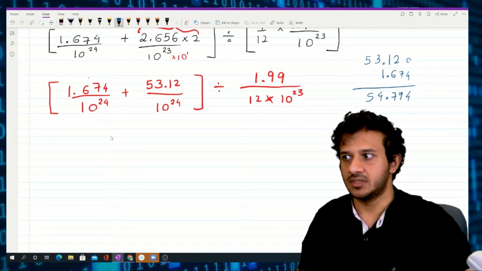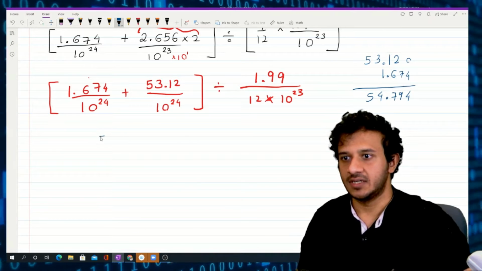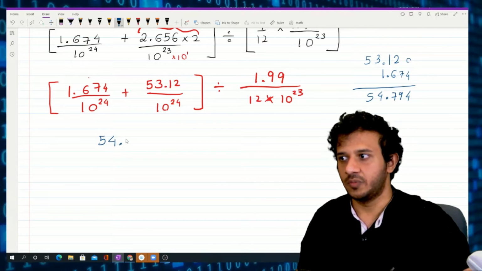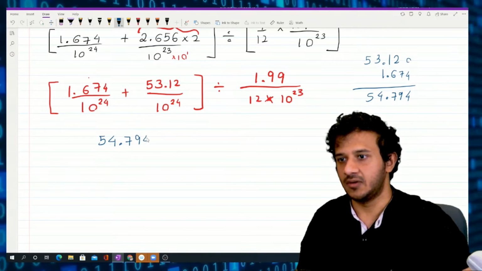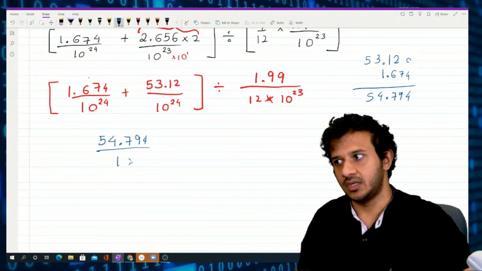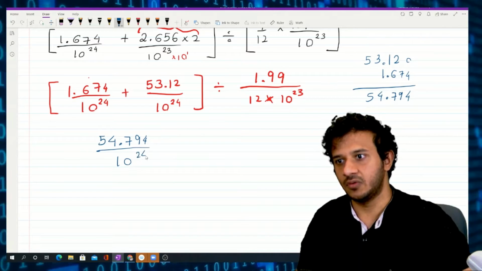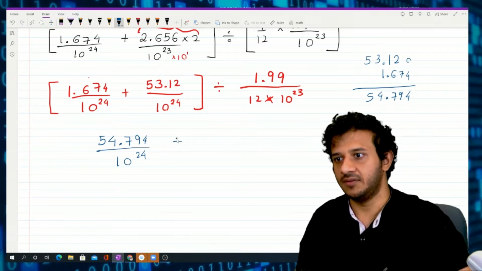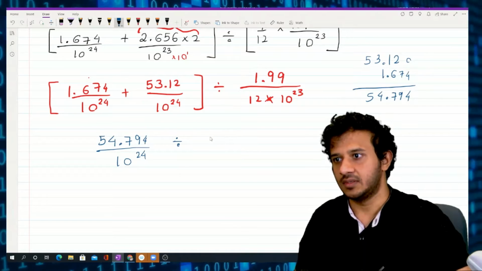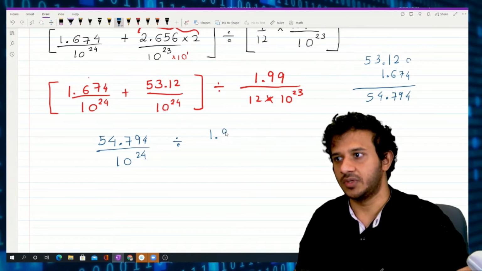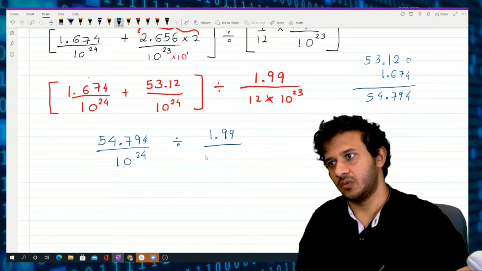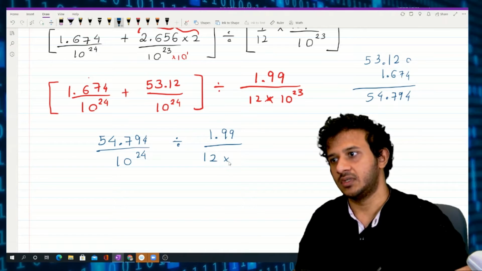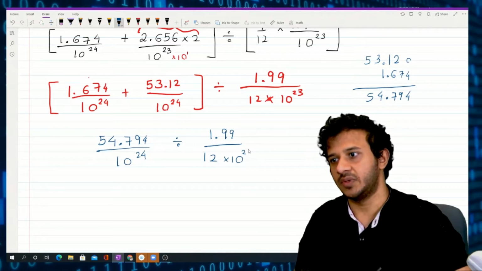So we will get 54.794 over 10 to the power of 24, and then divide by 1.99 over 12 times 10 to the power of 23.